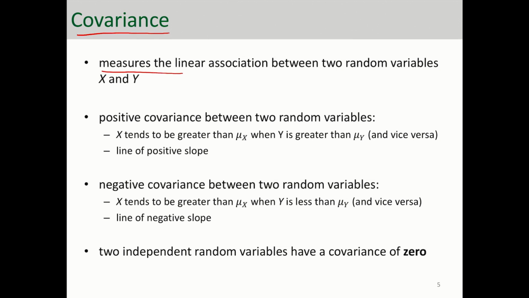So covariance, let's start with that. Covariance measures the linear association between two random variables of x and y. And in general, we have positive covariance and negative covariance. Positive covariance is when the relationship between those two random variables of x and y forms a positive slope.